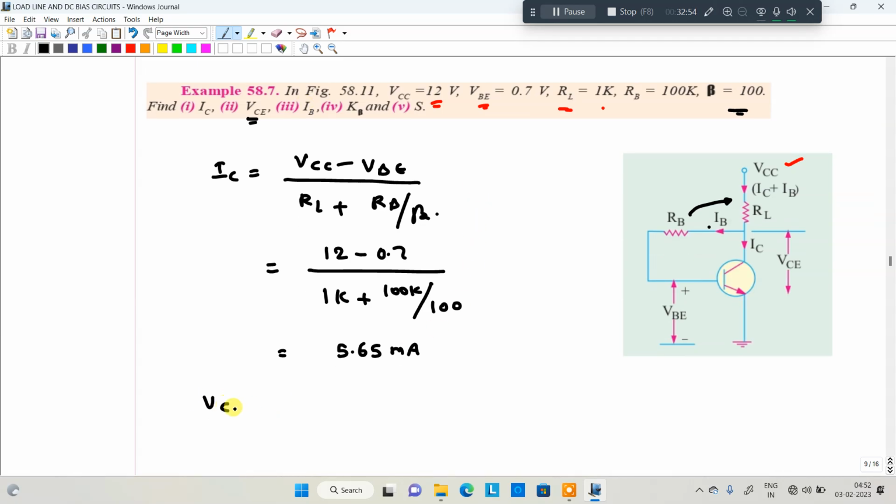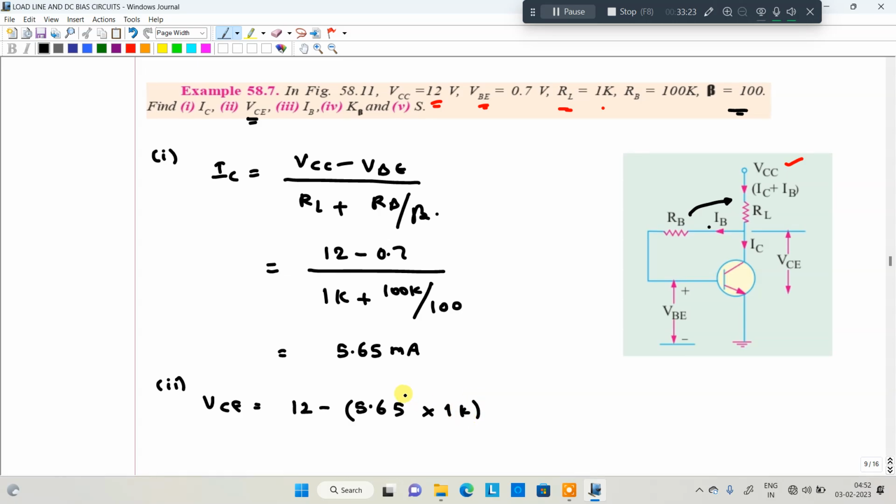Next, second thing they are asking: VCE. VCE is equal to VCC, that is 12, minus (IC plus IB) into RL. We neglect the IB value, so 5.65 milliamperes into RL, which is 1 kilo.